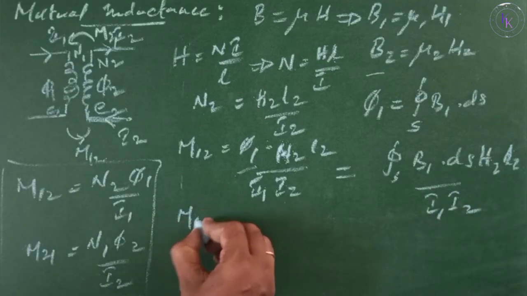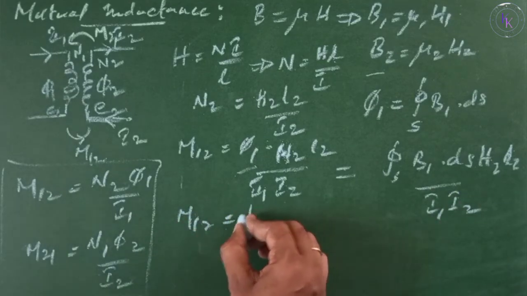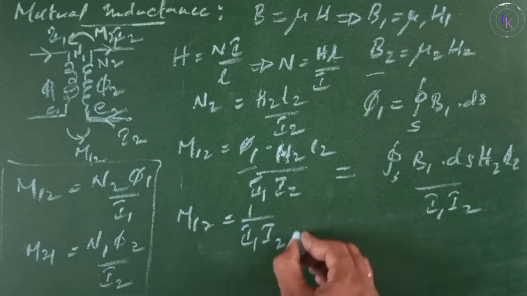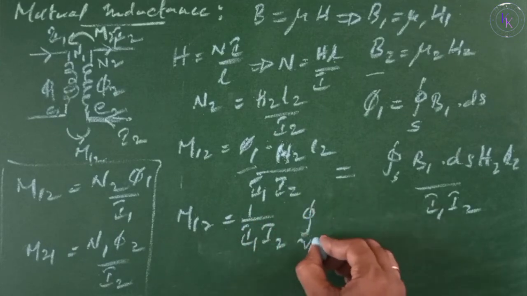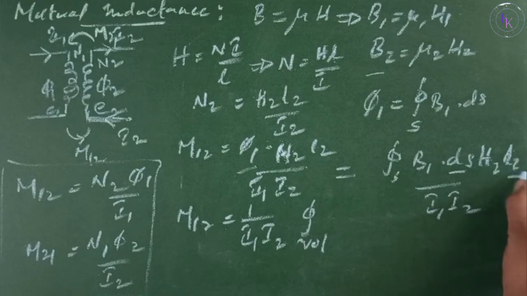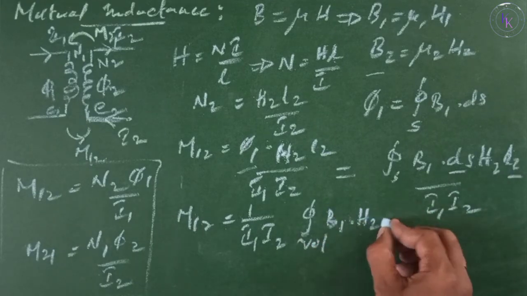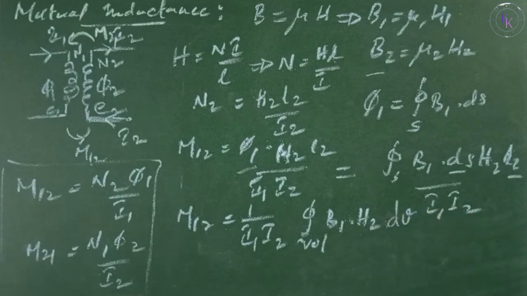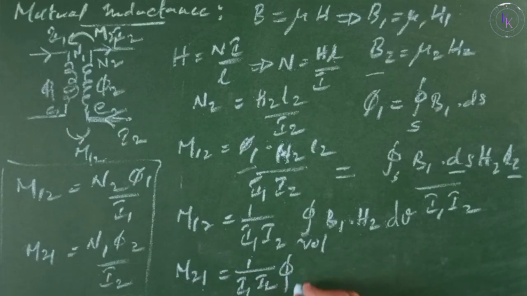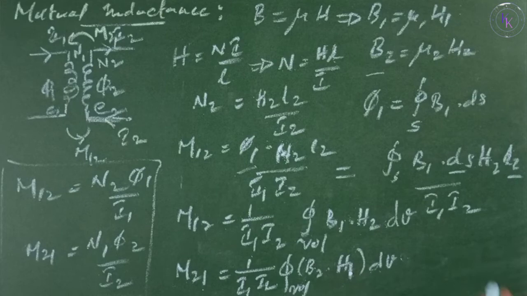Then M12 is equal to 1 by I1 I2 times the volume integral, since ds into L is volume, of B1 H2 dV. Similarly, if you derive the formula for M21, you are going to get 1 by I1 I2 times the volume integral of B2 H1 dV.